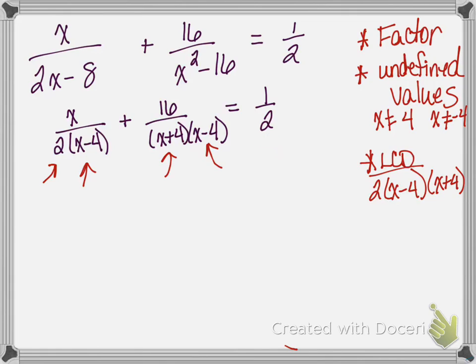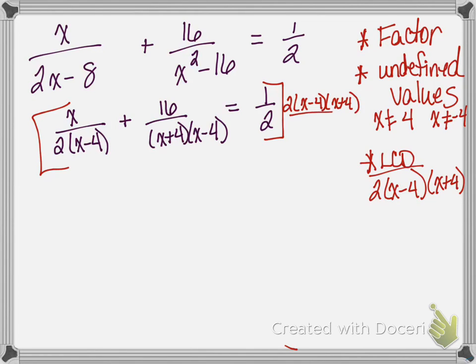So now that I have my LCD, I am going to multiply all of this times my LCD. Okay, and my LCD is 2 times x minus 4 times x plus 4, and all of that is over 1.